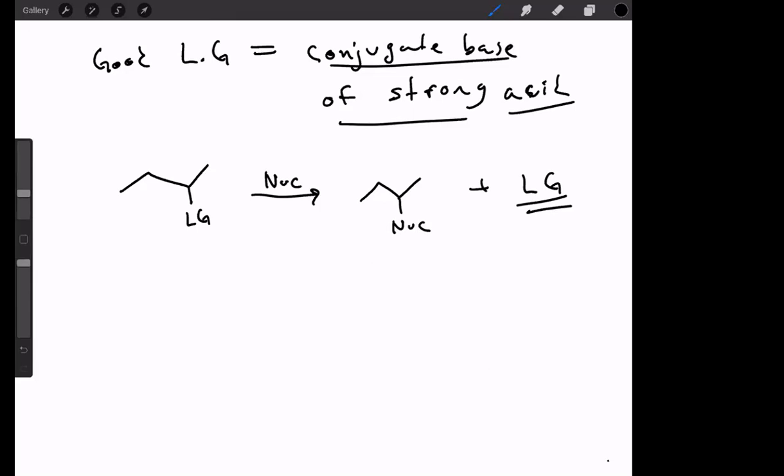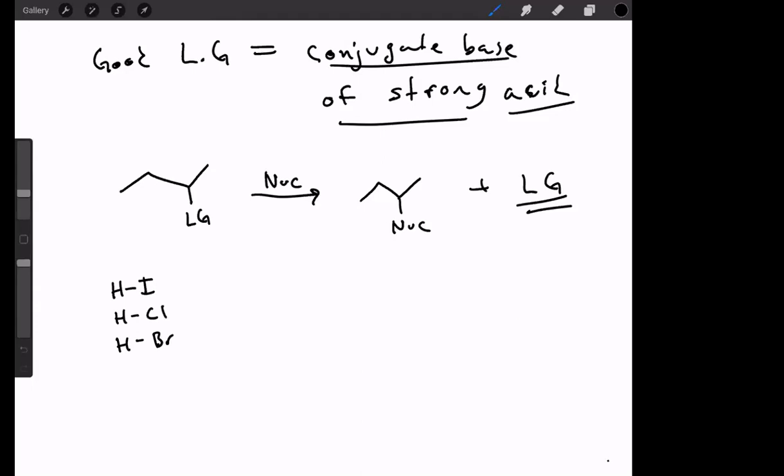So the question is asked, are all halides good leaving groups? The general answer to that question is yes, with one exception. That brings me right into the next bit. If I think about the halogen-based acids, HI, HCl, and HBr, all three of these are strong acids.